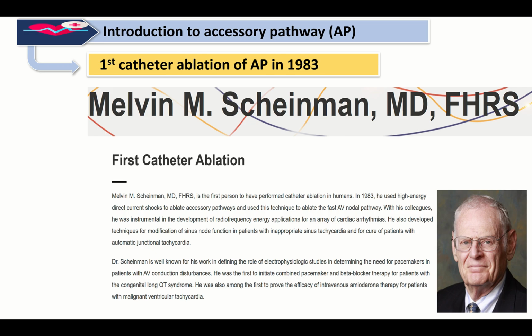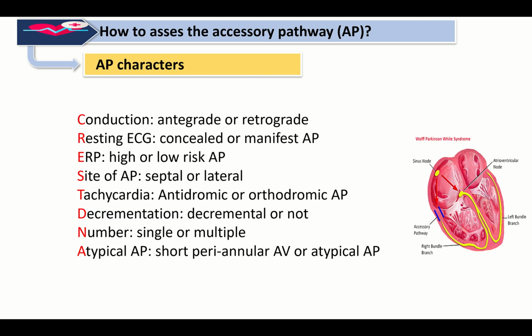It was managed as medical treatment till 1983, till Dr. Melvin Scheinman was the first one who used catheter ablation using high energy direct current shocks. It was the first time to ablate the accessory pathway using catheter ablation.